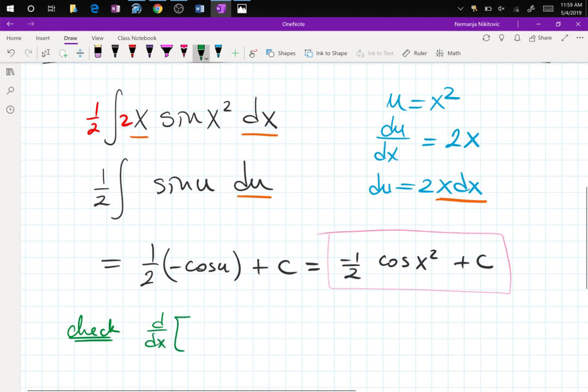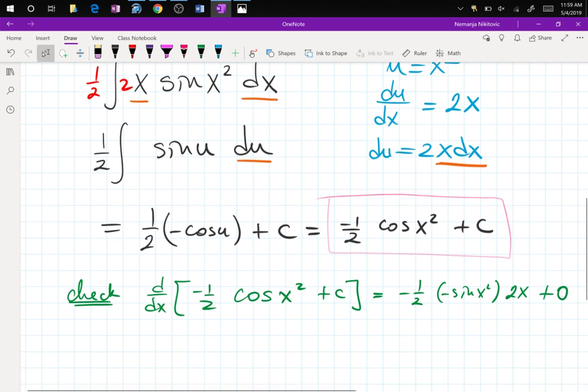What's the derivative of negative 1/2 cosine x squared plus c? We copy negative 1/2. The derivative of cosine is negative sine x squared times the derivative of the inside, which is 2x, and then plus 0 because the derivative of c is a constant, right? It's 0. So now you have negative and negative cancel, 1/2 and 2 cancel, and what's left behind is exactly what the problem was.